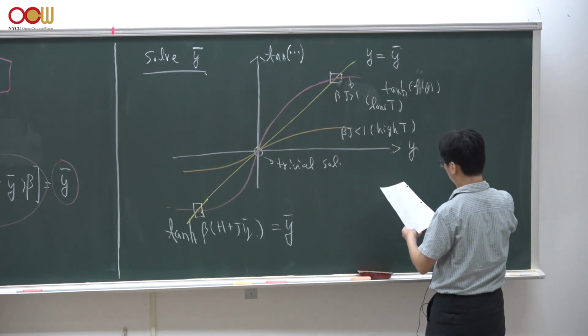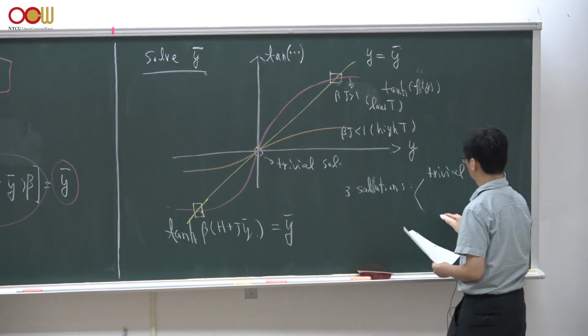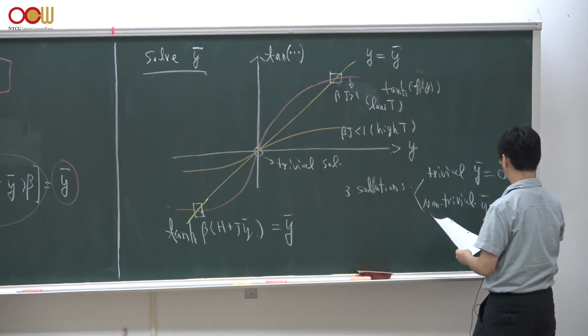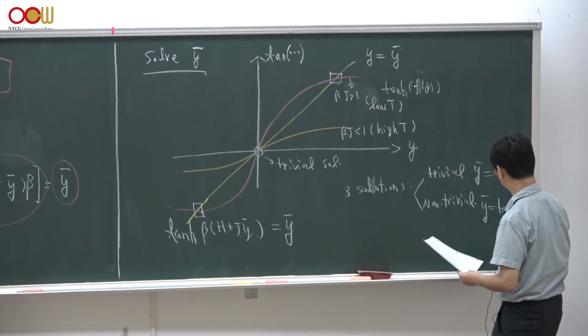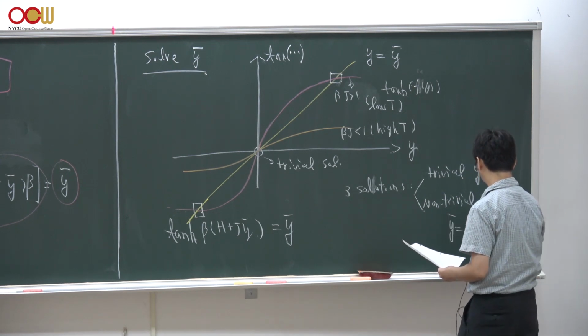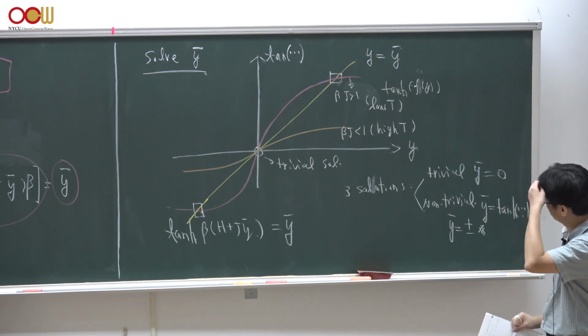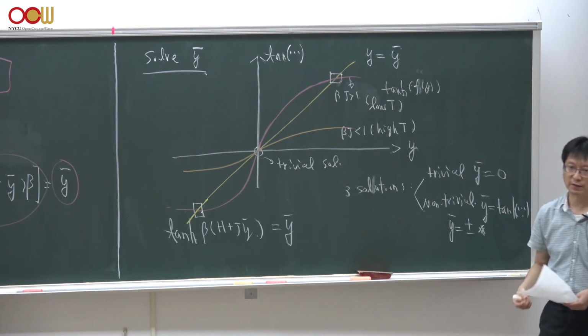Okay, so there are 3 solutions. One is trivial, another is non-trivial. Y bar is the hyperbolic tangent function, which is plus or minus some value here, which indicates that the system breaks the rotational invariance spontaneously.